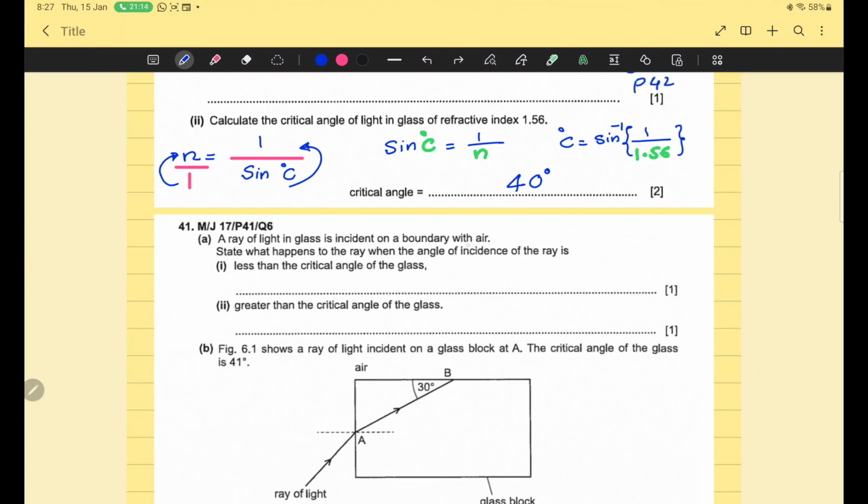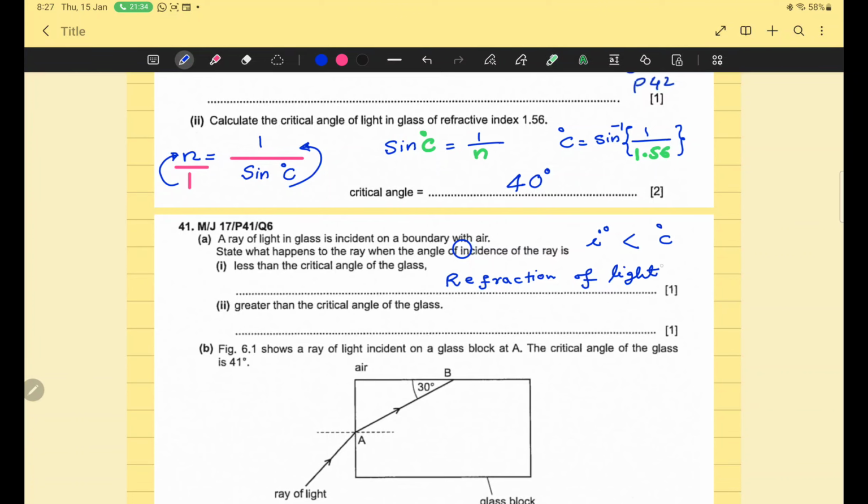If angle I is less than the critical angle, then there is no total internal reflection. There will be refraction of light.